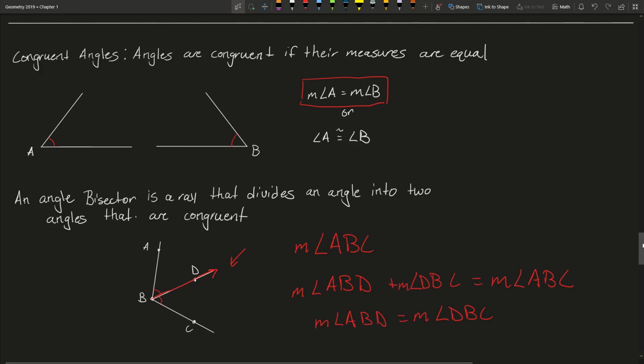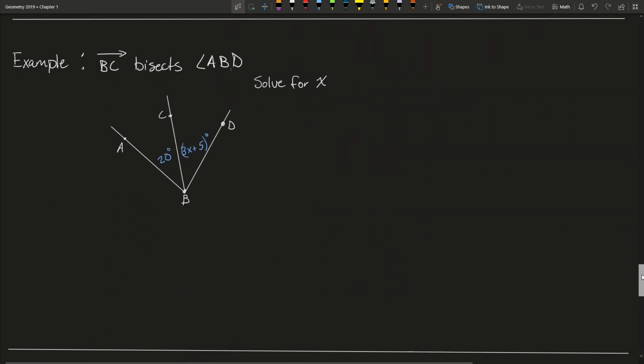For example, if we're given this figure, angle ABC or ABD with ray BC, and we know that BC bisects angle ABD, and we want to solve for x, then we have to set up an equation.